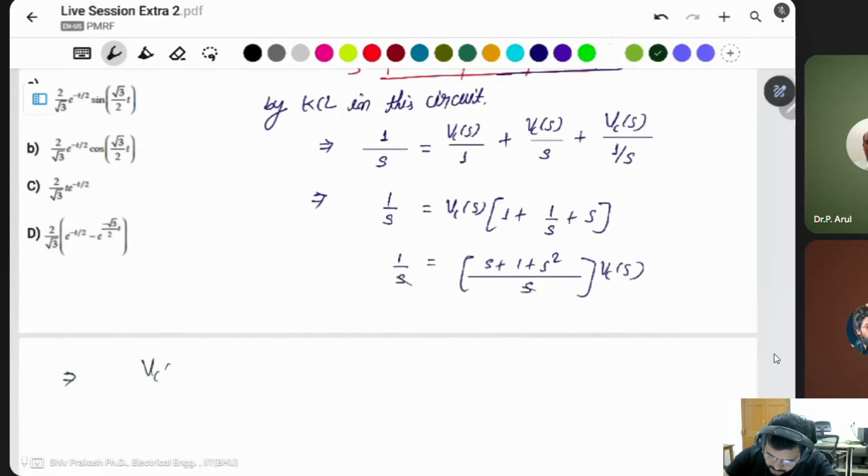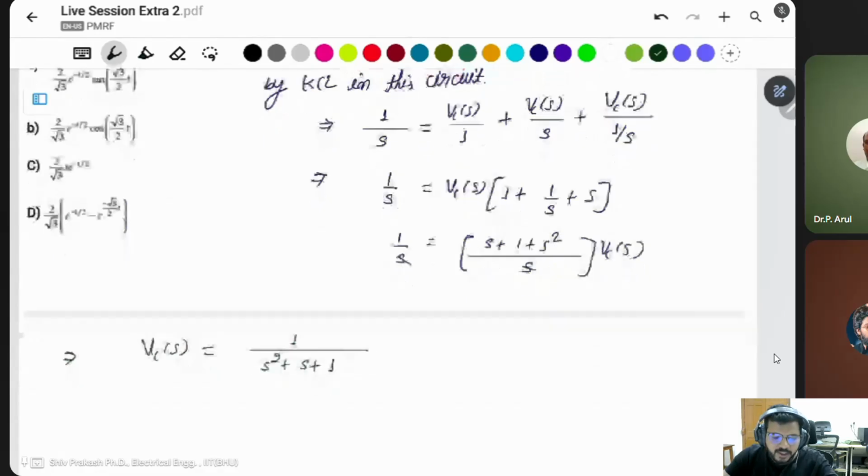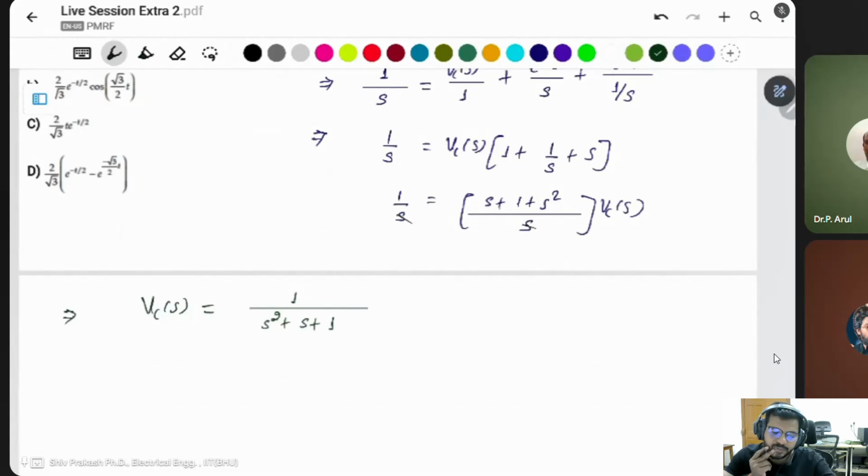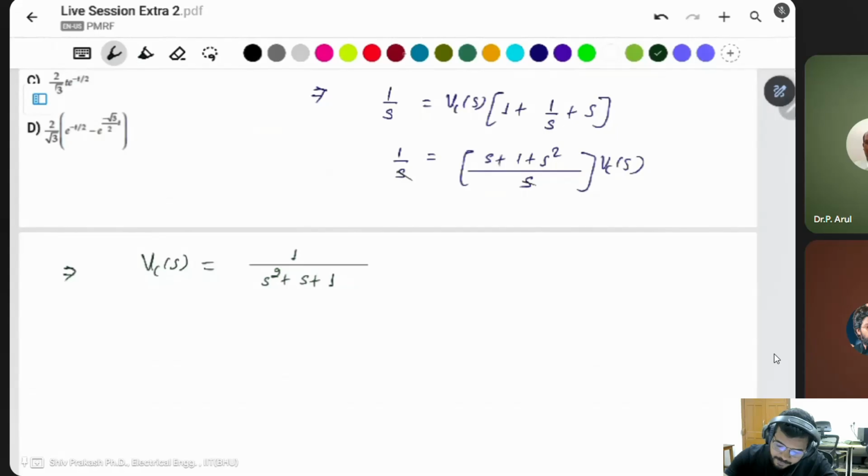And what is VC(s)? It is 1 divided by s square plus s plus 1. This is not a perfect square. How can you make the perfect square? Simply add and subtract the square of half of the coefficient. s square plus s plus (1 by 2) square minus (1 by 2) square plus 1.